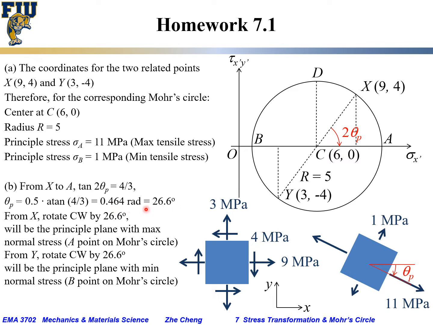If we convert that into degrees, it turns out to be 26.6 degrees. So on the Mohr circle, to go from X to A, we rotate 2 theta P. In real geometry, to find A, we rotate from the horizontal X by half of 2 theta P, or theta P, which is 26.6 degrees. With theta P of 26.6 degrees, we find A.